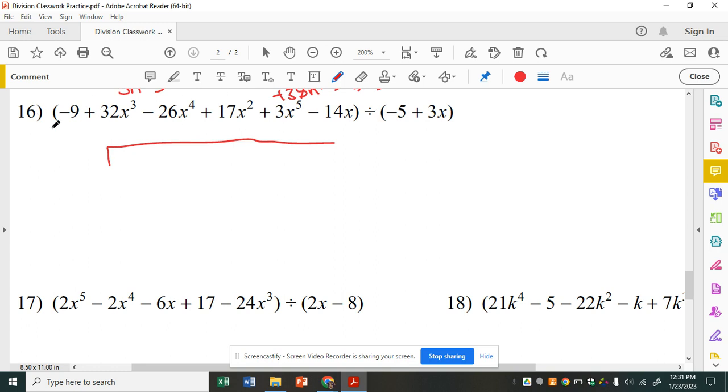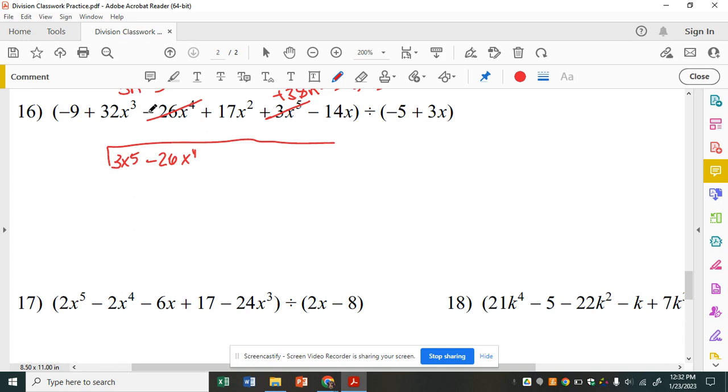So on 16, we know that this goes underneath the little division house. The first term I'm going to write in here is the largest exponent, which is positive 3x to the 5th. I'm going to cross that out so I know I've already used it. The next term has to have an exponent of 4 because we're counting down. So this next one is negative 26x to the 4th. I'm going to cross that out because I know I've used that.